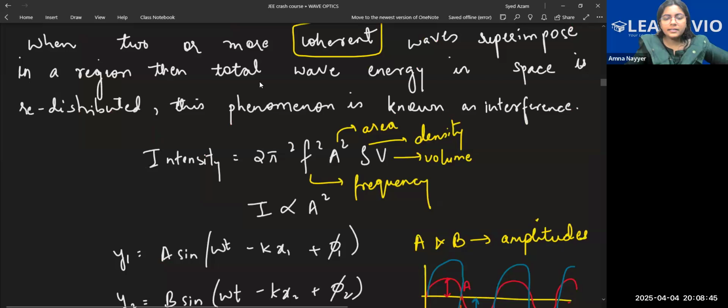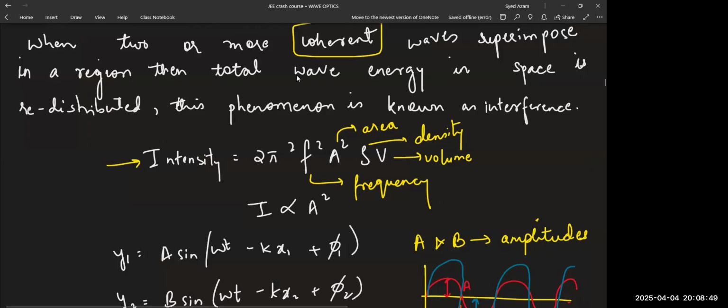Yeah, write down this intensity. Written. Yes, ma'am.